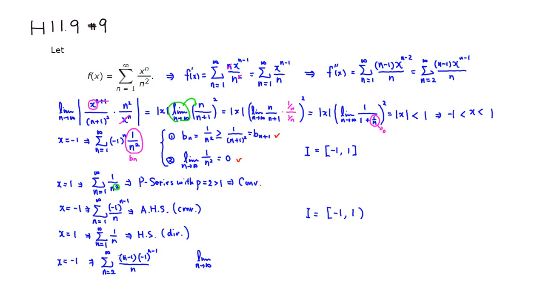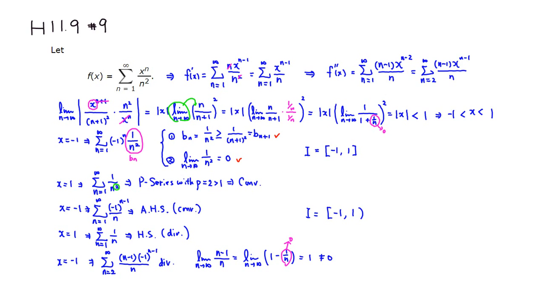If you take the absolute value so that we don't have to worry about the negative sign, you have n minus 1 over n, which is the same thing as the limit as n approaches infinity of 1 minus 1 over n. As n approaches infinity, 1 over n approaches 0, so the limit is 1, which is not equal to 0. So by the divergence test, we know that this is going to diverge.